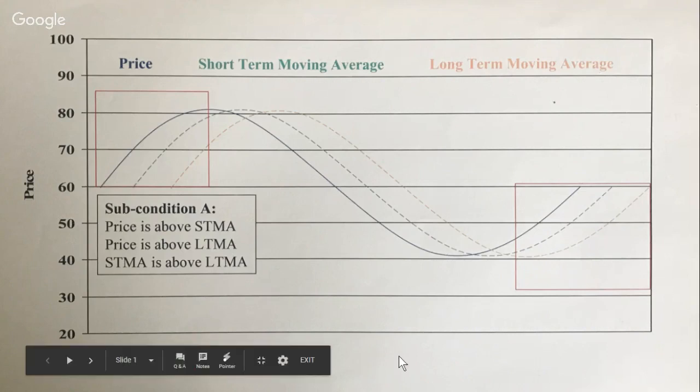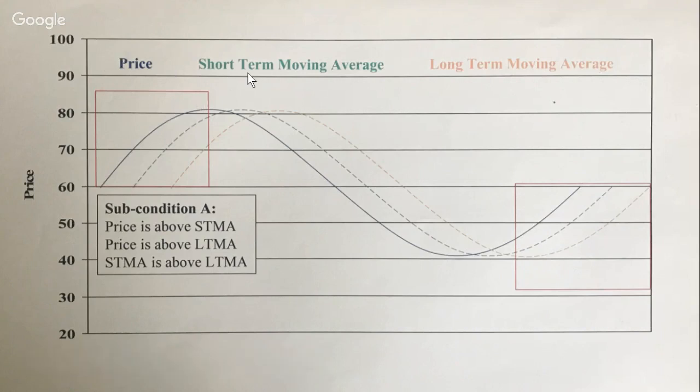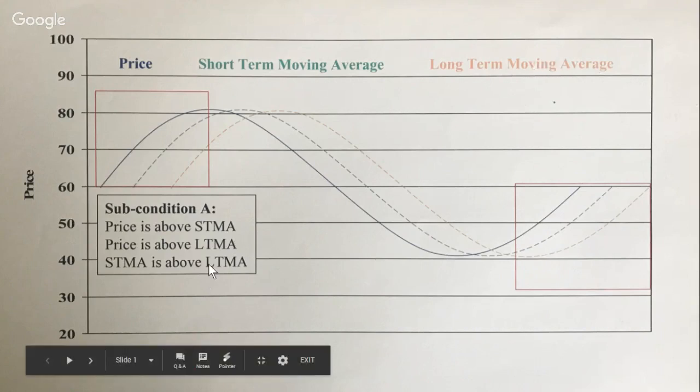And what we're going to be examining are three variables: price, which is a blue line; short-term moving average, which down here is STMA; and a long-term moving average in red, which down here is LTMA.